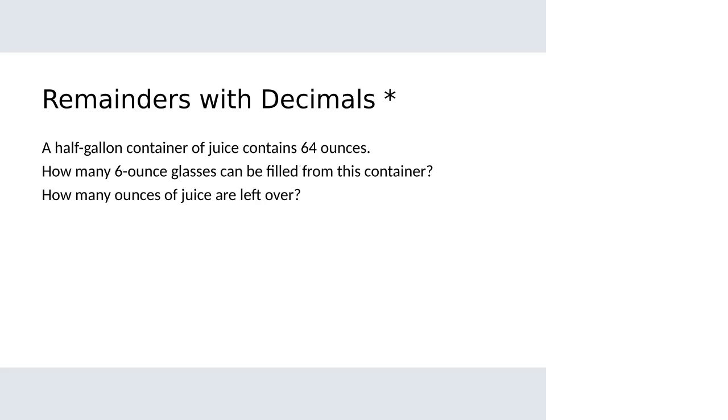And this is one I guess you could do with the area model, but you probably don't want to draw 64 circles to represent the 64 ounces. So we'll do this one just by dividing. And I want you to have an answer for both questions, but the one that's in the poll is the second one.